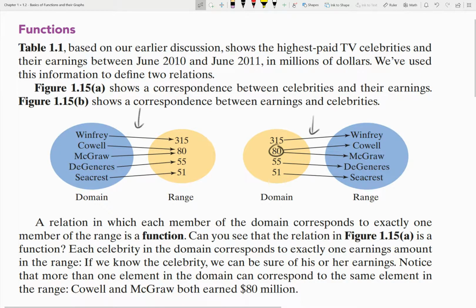So both of these are relations, but a relation where each member of the domain corresponds to exactly one member of the range is called a function. The one on the left is a function. The one on the right is not a function because 80 goes to two different people.